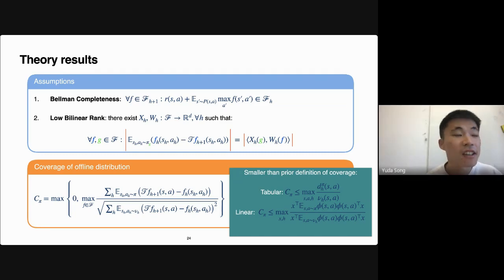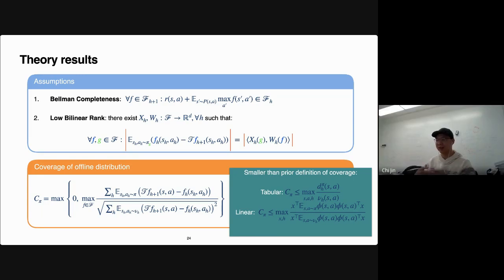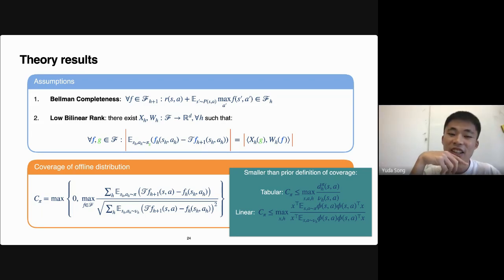Yeah, I think if you put the similar thing in tabular, it's something complicated, but you can prove by Jensen's inequality or something that it's less than or equal to the right-hand side. Okay, that sounds good. Sorry, I cannot give a very good intuition. It's not super intuitive, but yeah.